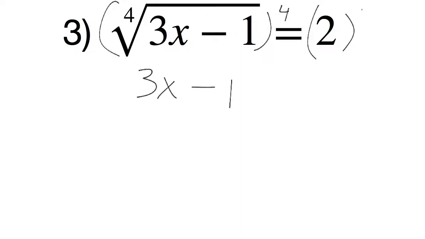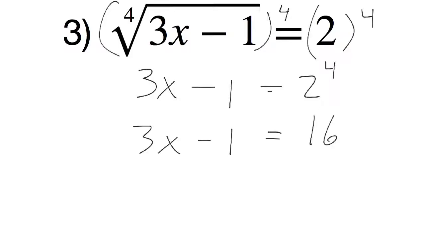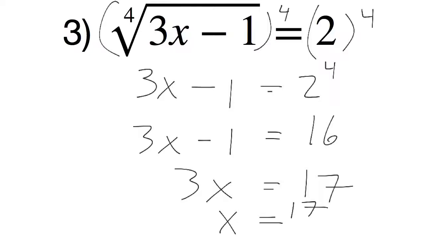Cancel out this radical by taking both sides to the power of 4. You get 3x minus 1 equals 2 to the 4th. 2 to the 4th is 16. 2 times 2 times 2 times 2. There you go. 3x equals 17. And x equals 17 over 3.